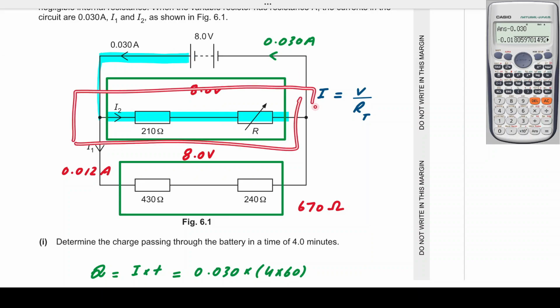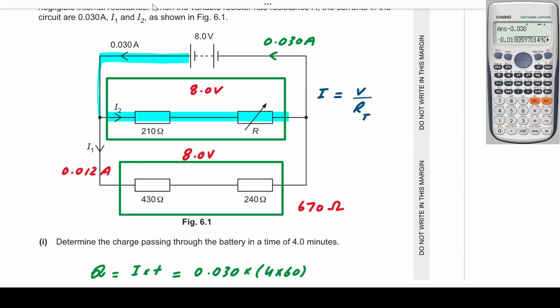The total current entering this one is equal to the total voltage across these two components divided by the total resistance of these two components. Now, what is the total current entering these two components? It is I2, and we found the value of I2, which was 0.018.